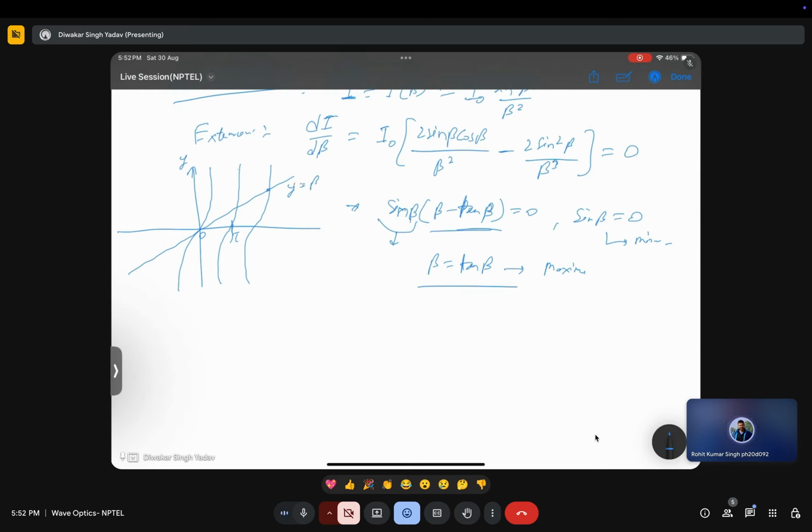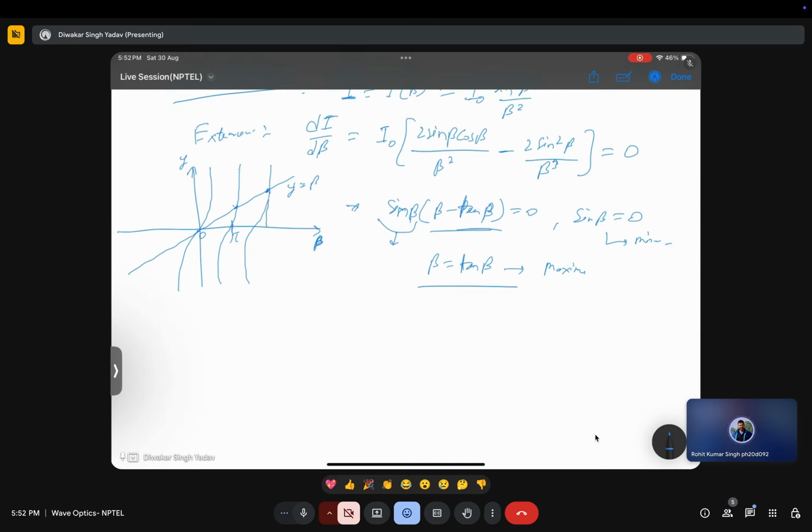And these intersection points will give you the condition for maxima.